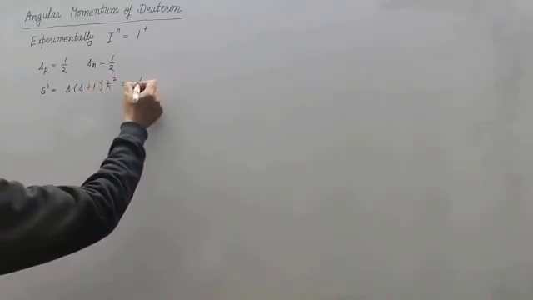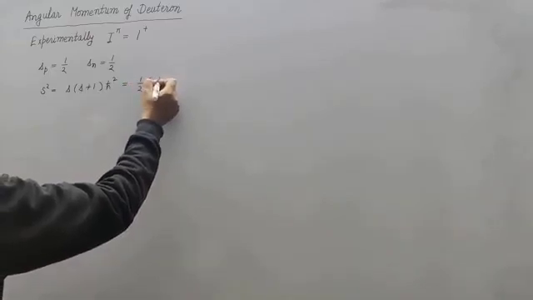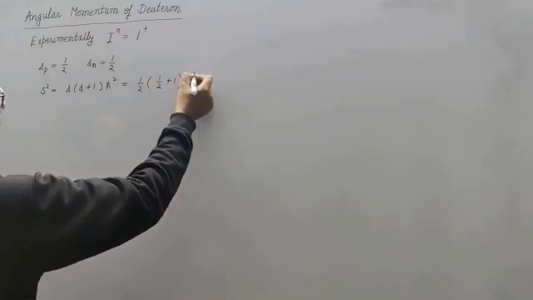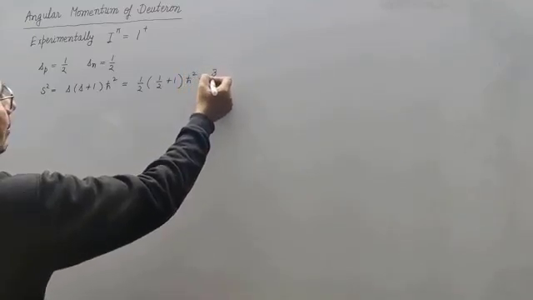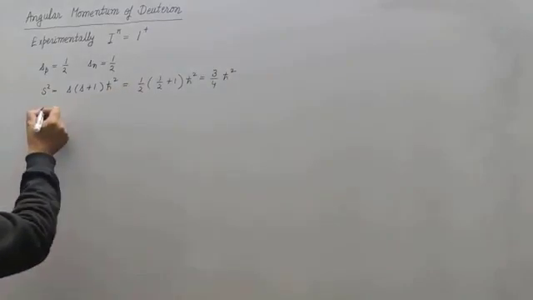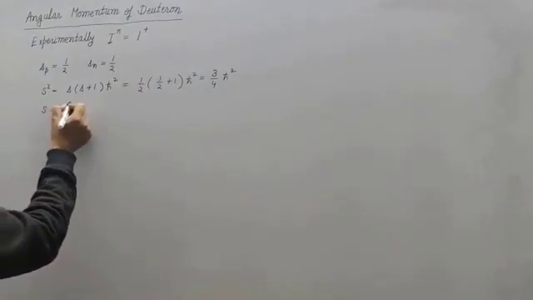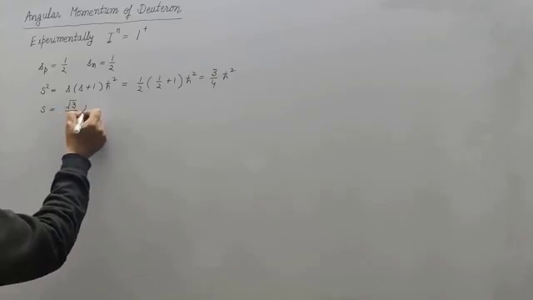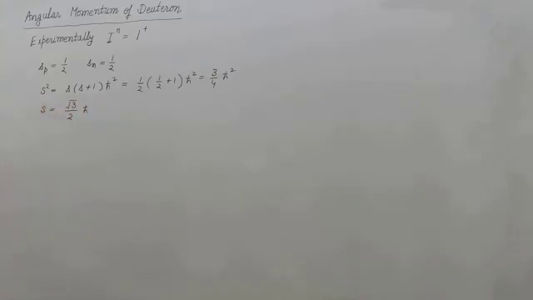Substitute here half into half plus 1, h cross square. So this will be 3 by 4 h cross square. This is a measurable quantity. So from here s will be square root 3 by 2 h cross. This is a measurable quantity.